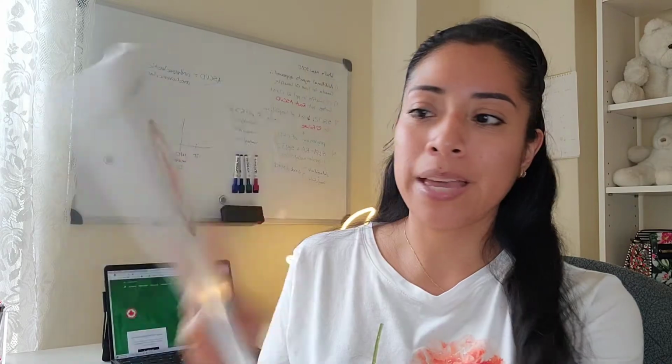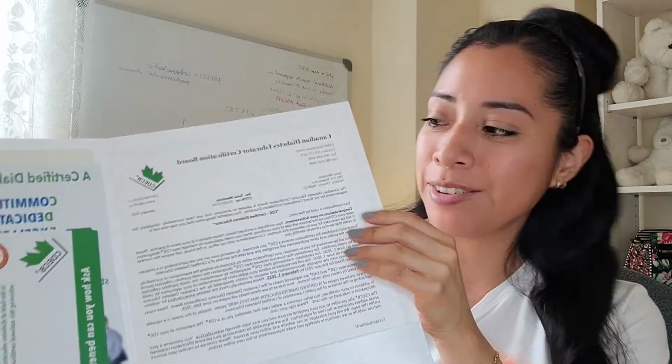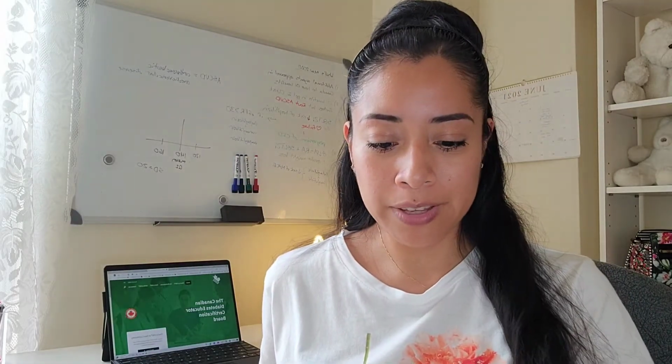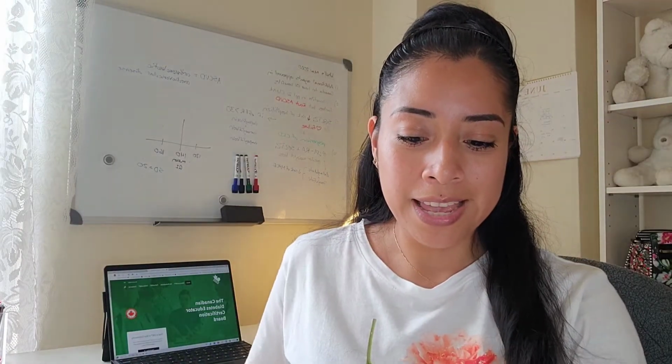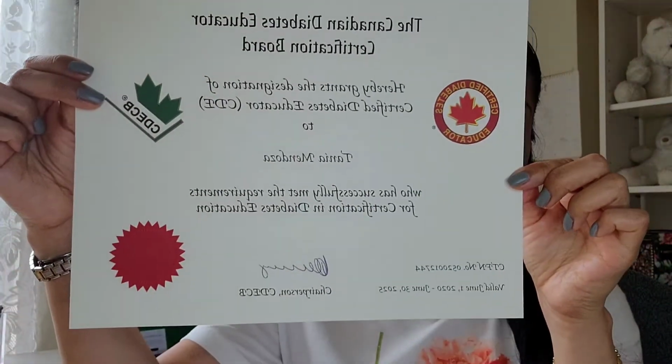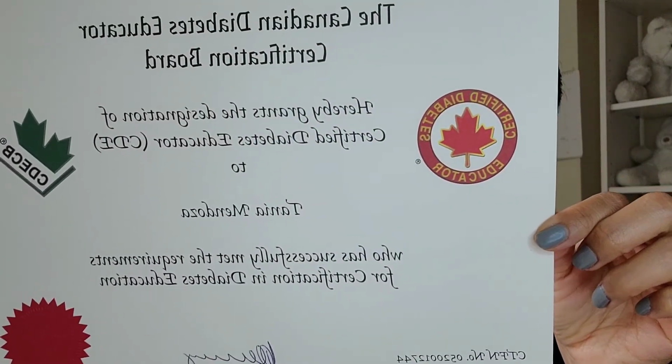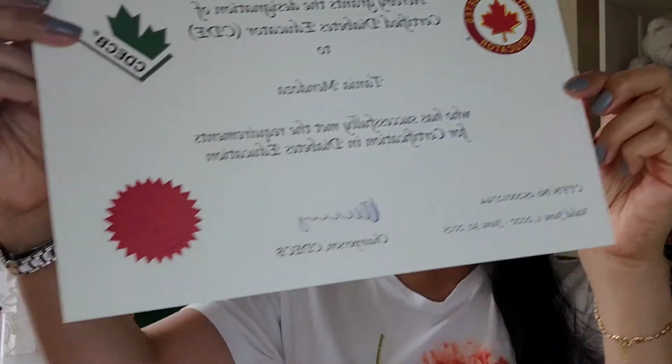So when you pass, you get this folder in the mail, basically telling you congratulations, the letter that you did pass, and a couple other things. I think these are just flyers. Just to hand out to people, and the most important one is the diploma or the certificate that you did pass.